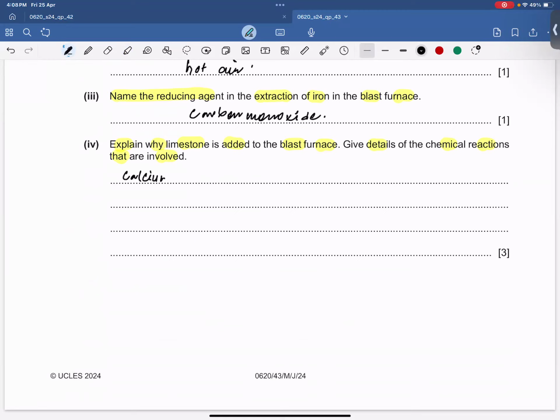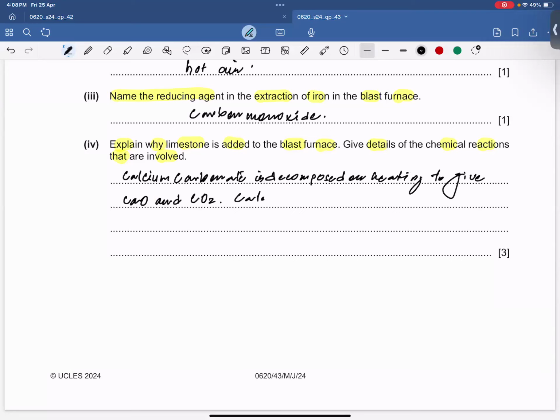Calcium carbonate is decomposed on heating to give calcium oxide and carbon dioxide.